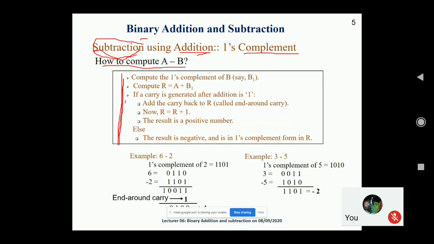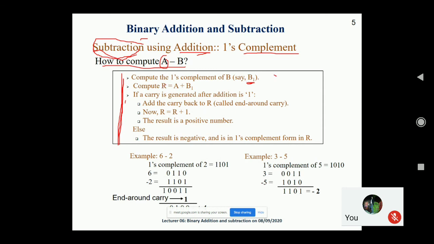Now remember, why am I not using the complement of a? Because this is positive, and positive is similar to the sign magnitude form, so no need to do the complement. But because minus is in front of b, we are interested in taking the first complement of b. Whatever complement value comes, we can store it in b1.